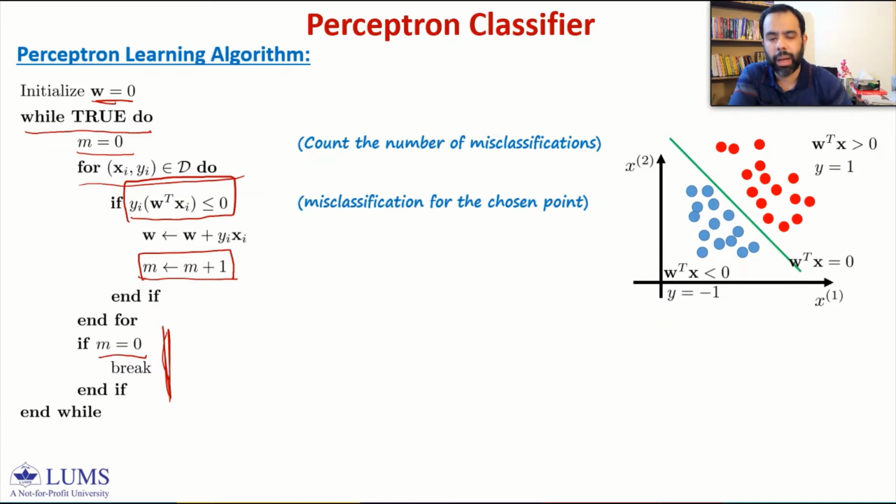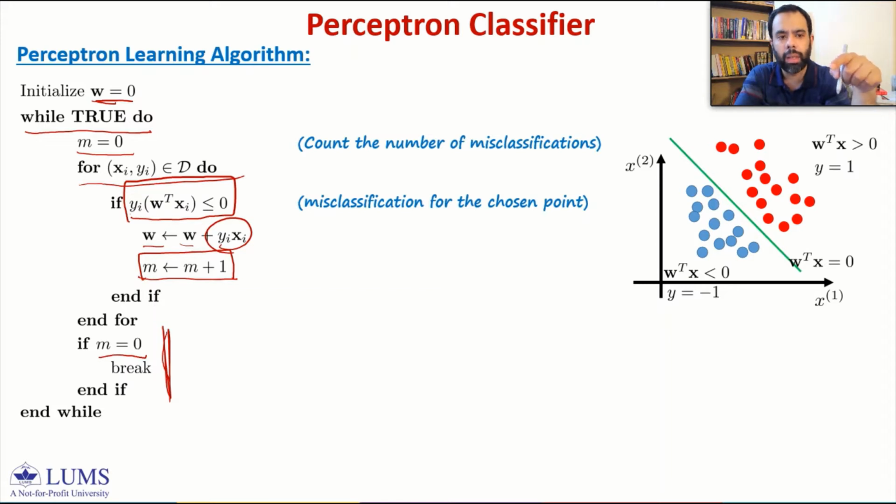And when we have a misclassification for the chosen point, how do we update the weight? So the weight will be updated: weight plus yi xi. And what are the possible values of yi? 1, minus 1. Right? If the misclassification is due to the point for which the label is 1, we simply add that point to the weight vector.